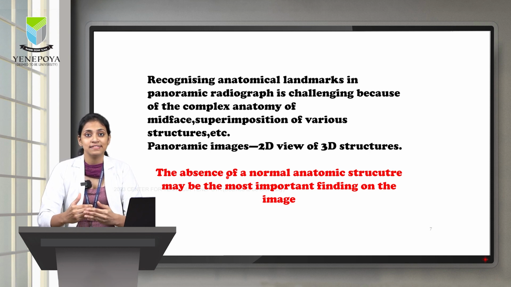So, as a result, it becomes challenging for interpreting a panoramic radiograph. So, we need to first understand what are the anatomical landmarks that are present on a radiograph to understand what are the pathologies present in that particular radiograph.